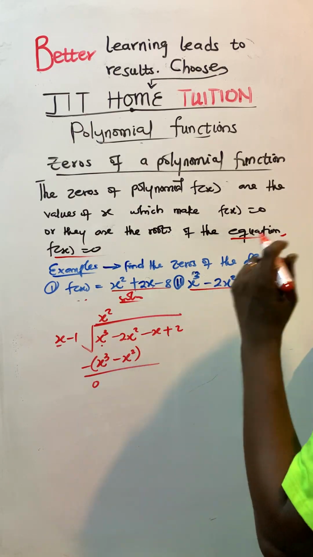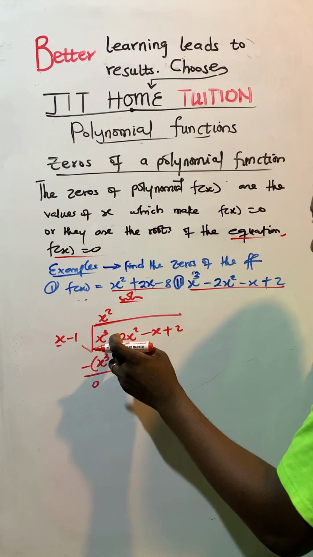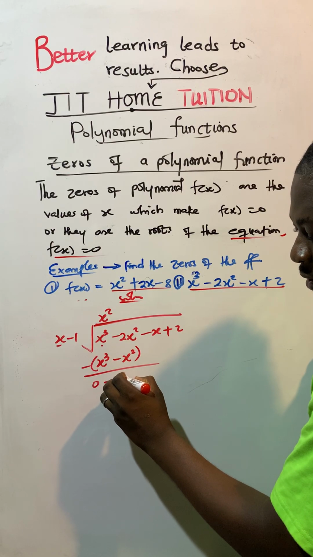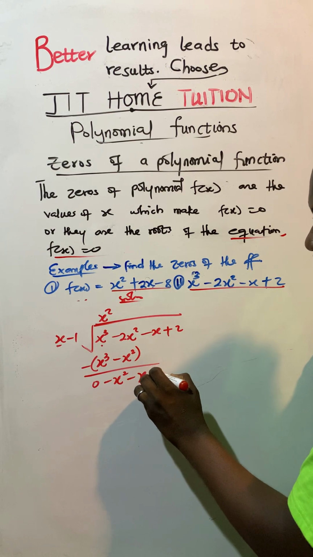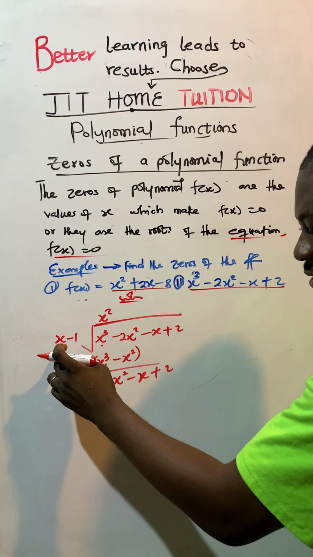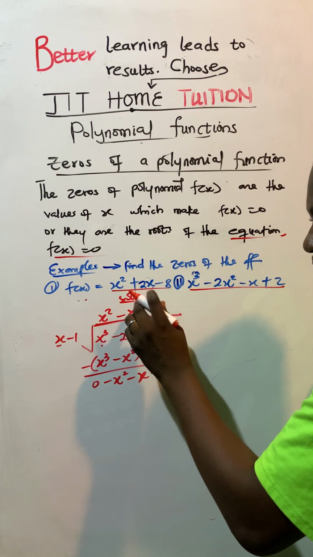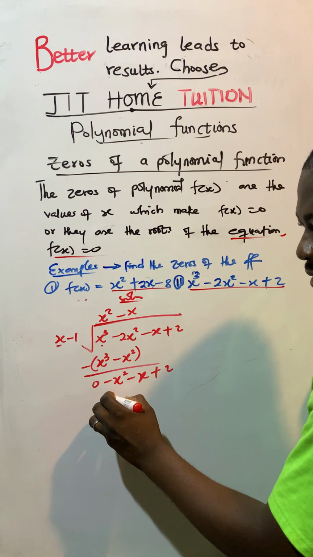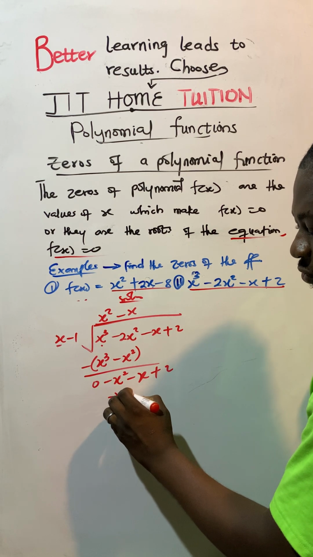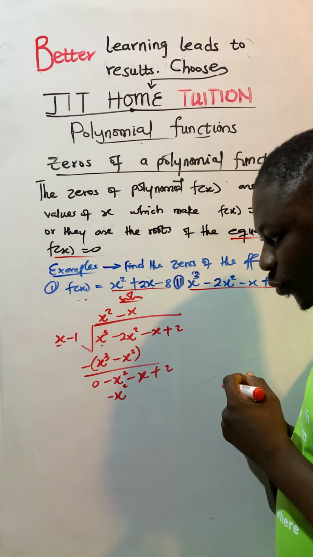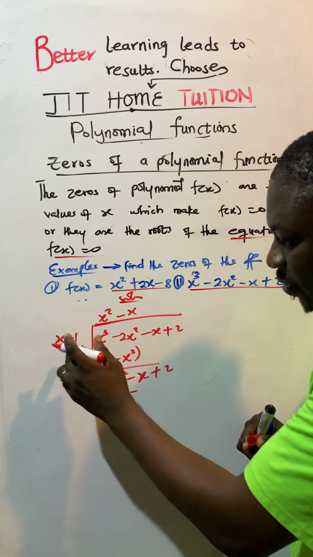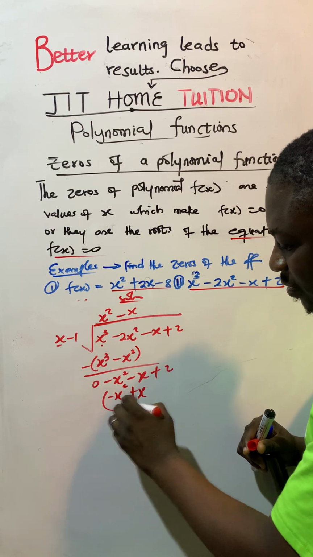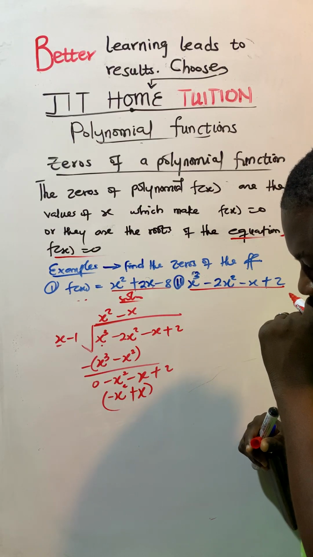Negative, negative will be positive, plus the negative to give you negative x squared, and you bring your negative x here plus 2. x divides this one, that will give you negative x. Negative x times this is negative x squared. I hope you are following. Then this one will also multiply this, giving you negative, negative will be positive, so plus x. All right.